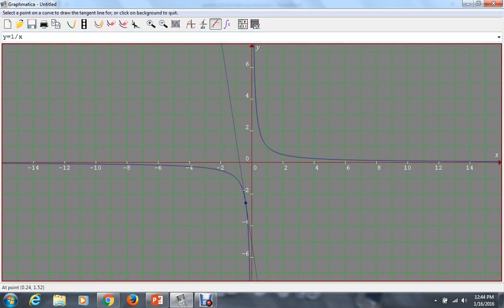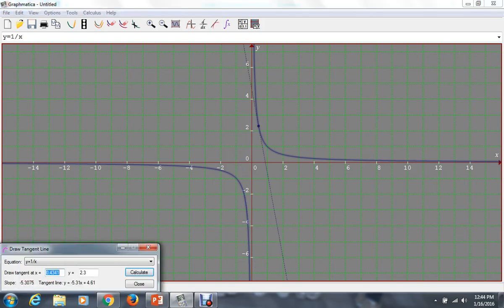Now let's go and look at some positive x values. Maybe x equals +1/2. If we drew the tangent line in there, again, we get a very negative slope. So when x equals 1/2, we'd have a very negative number.